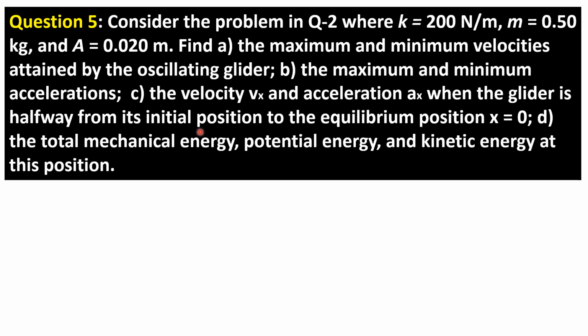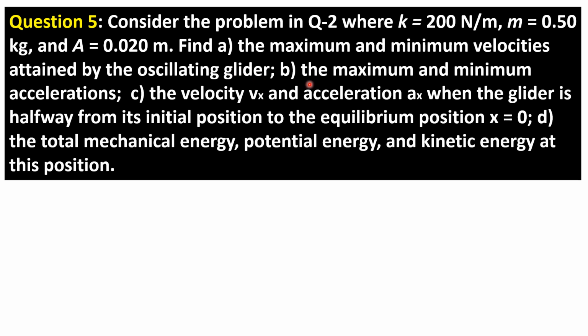This is now the last question, number 5. Consider the problem in question 2 where the force constant k is equal to 200 Newton per meter and the mass m is equal to 0.50 kilogram and the amplitude is equal to 0.020 meters. Now, questions. Find, letter A, the maximum and minimum velocities attained by the oscillating glider.